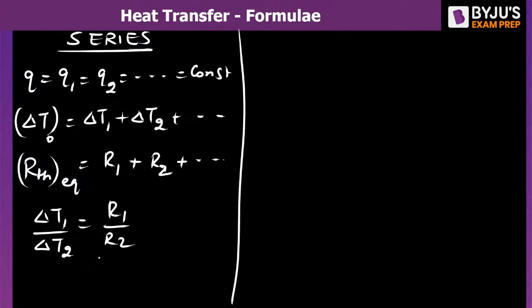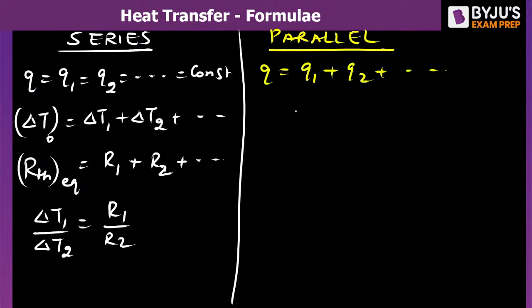These are for series resistances, and for parallel combination of resistances, we can say Q is equal to Q1 plus Q2 plus Q3 and so on. Delta T overall thermal potential is equal to delta T1 is equal to delta T2 is equal to constant.